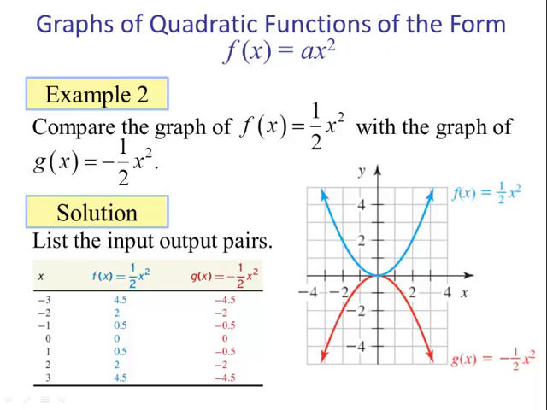Graphing these, we see that when a is positive, the parabola is going upward, and when a is negative, it is going downward. These two graphs are identical, except that if I take f of x and reflect it across the x-axis, I get g of x. We can see that in the signs here. The signs are opposites of each other.